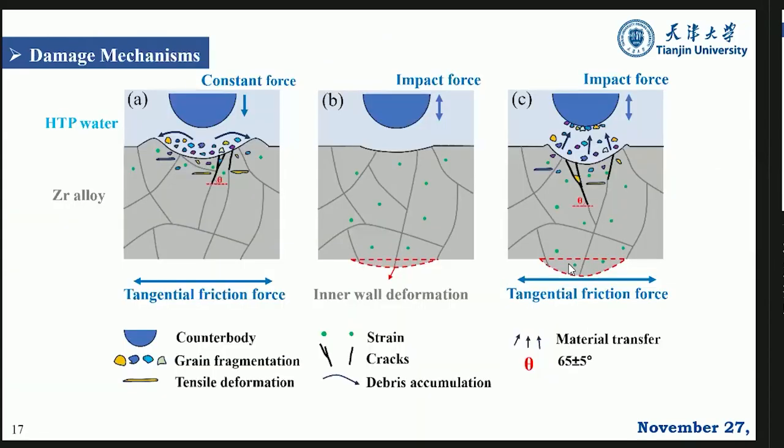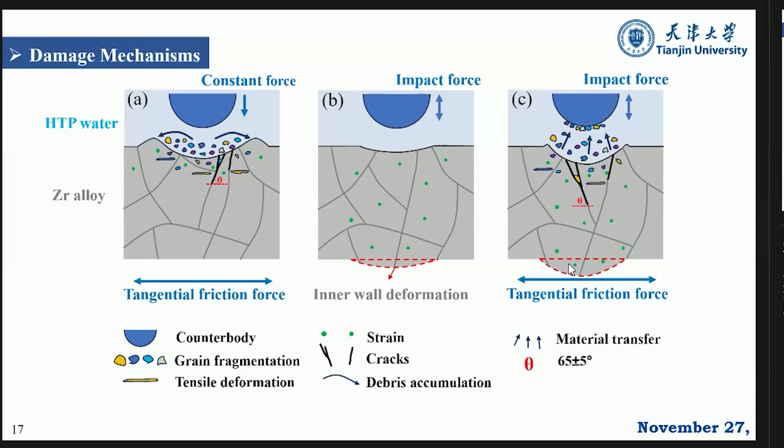Okay, and then we want to describe what happened for the three modes. We have the tangent direction, the normal force, and combined together. In the tangent direction force, we have some debris accumulation, some cracks appeared, and we have the tensile deformation.